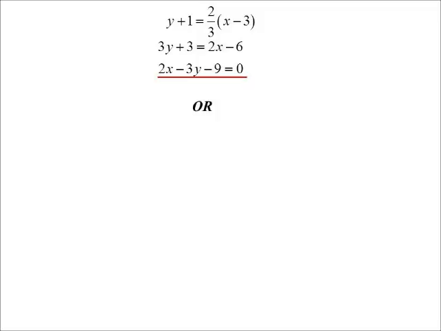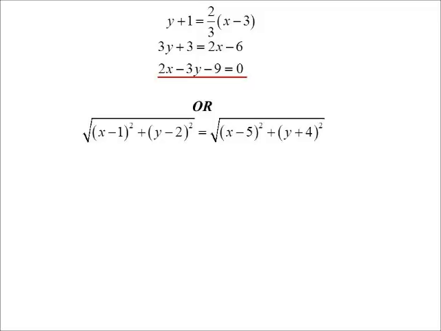Another way I could have thought about that question. Again, if I did not know that, I could go back to coordinate geometry and say, well, let's use the distance formula. My random point (x, y), its distance to the point (1, 2) is the same as its distance to (5, -4). So those two distances must be equal. Square both sides, expand out.